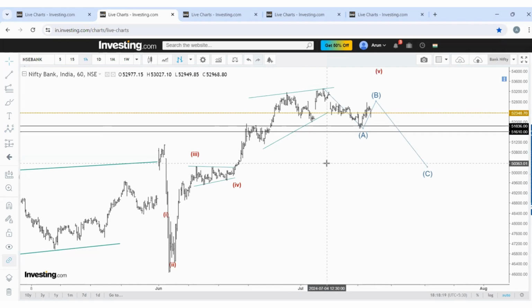Okay, so it may be possible that Nifty has made a new high and Banknifty has not yet made a new high, but at the same time Nifty has some more points upside. So we need to see how the price moves here.